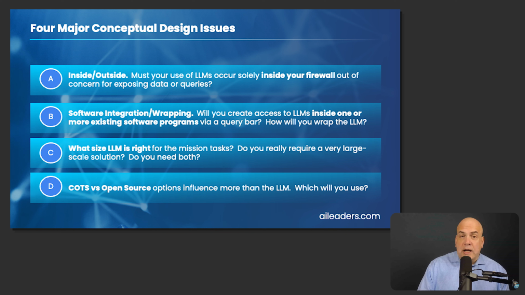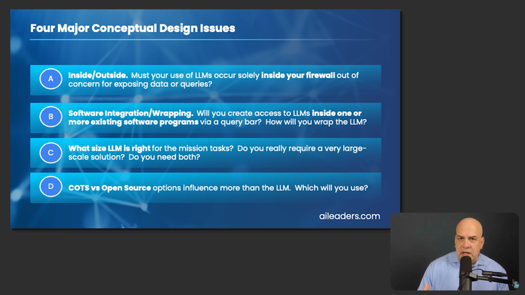In the first one, you need to make a determination: is the LLM that you're going to use sitting inside your firewall, inside your proprietary organizational protections from a cyber perspective, security perspective, or are you sending requests outside the firewall?